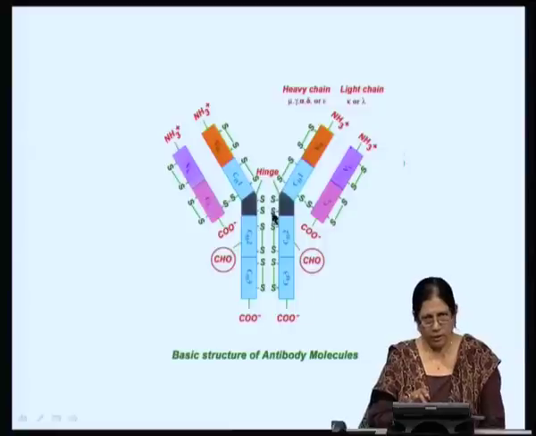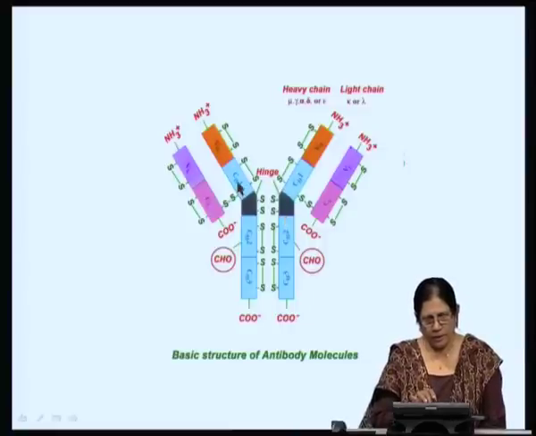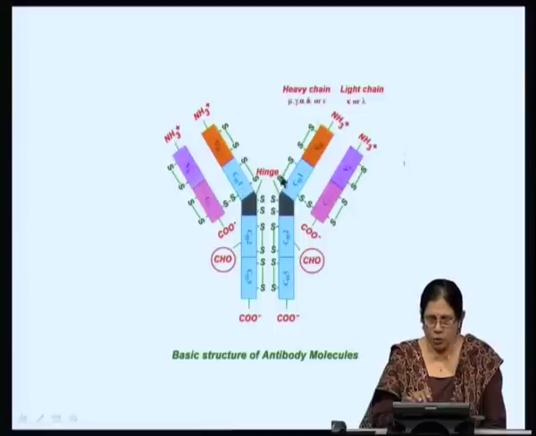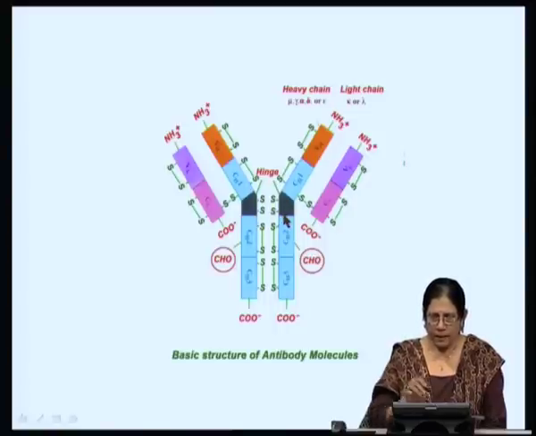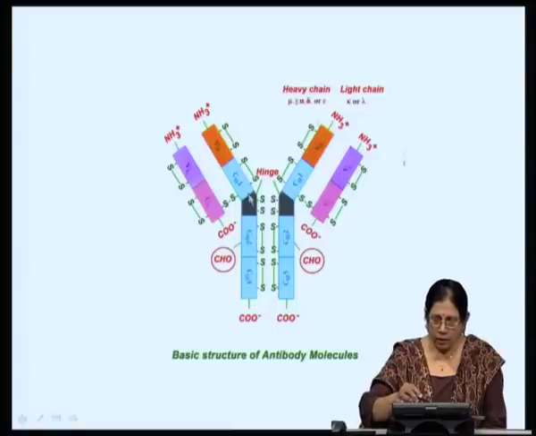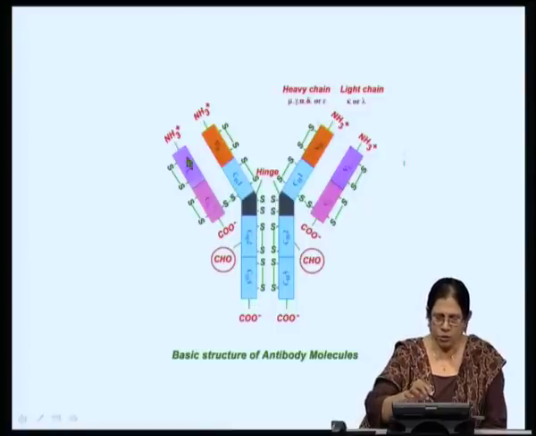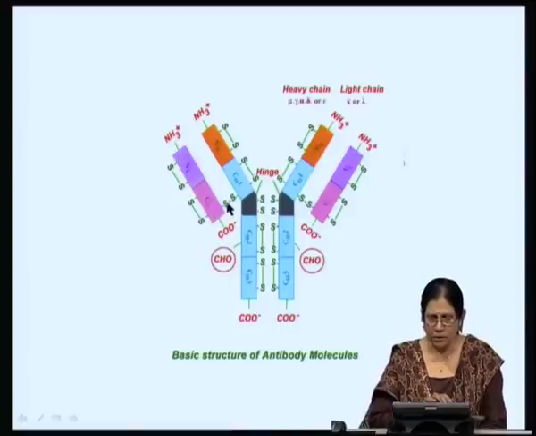What is the structure? We know very well now that every immunoglobulin is made up of two heavy chains which are held together by disulfide bonds. The heavy chains themselves in turn hold the light chains through disulfide bonds.